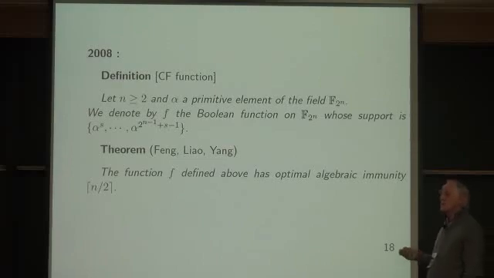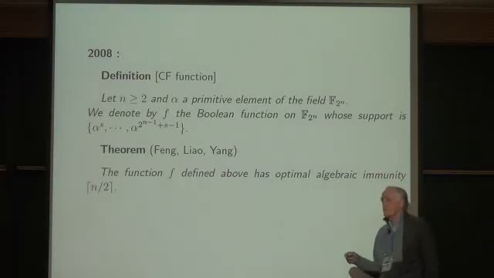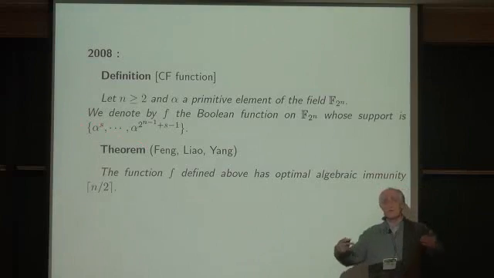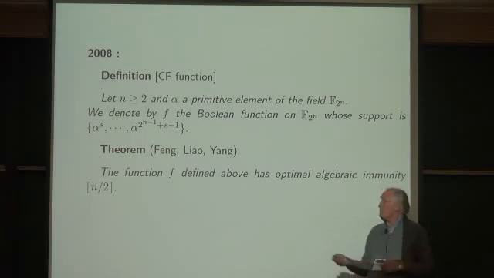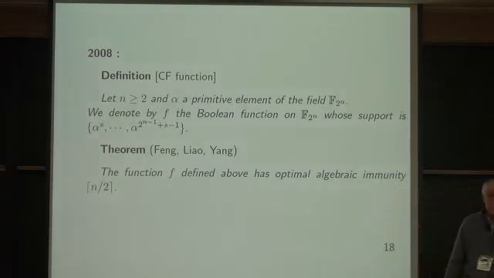The complexity of determining whether your input is in this set or the complementary is equivalent to the complexity of the discrete logarithm, because you have your input in some form, and you need to put it in the form alpha to some power, and then you know if the power is among these ones or not. And this is the discrete log problem, and we know that the discrete log problem is very hard.